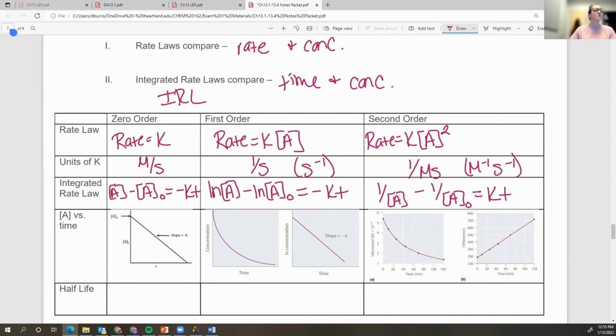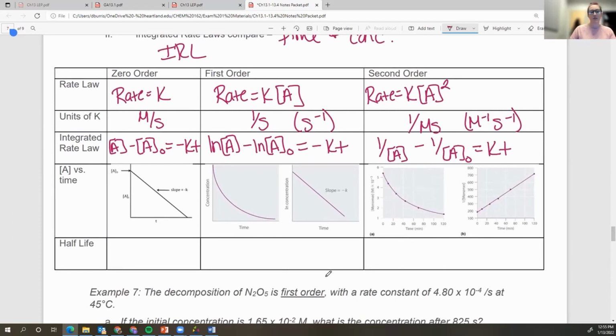Okay, so these actually also apply to half-life. I'm going to give you half-life equations, specifically because a normal half-life for a radioactive material is actually a first order reaction. And we can find the half-life based on the K. So I'm going to give you these. We're not really going to use these much, but in case you need to find the half-life or how fast something decays over time, you can use these equations as well.